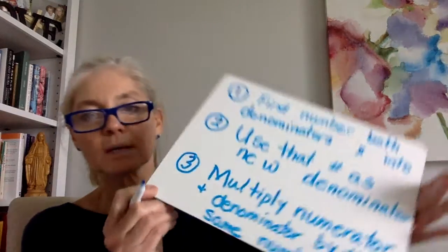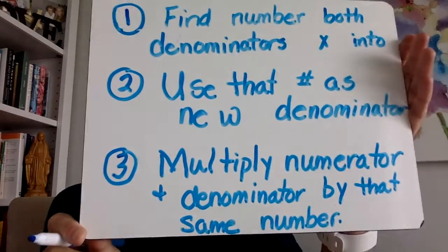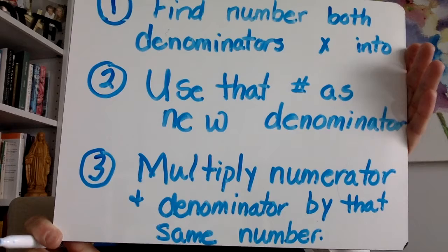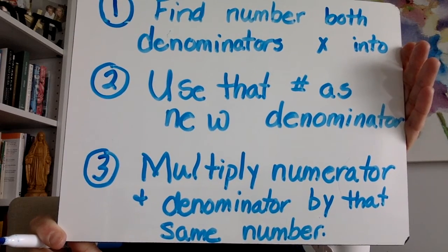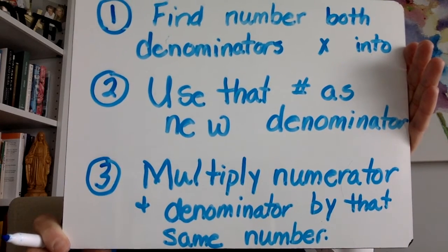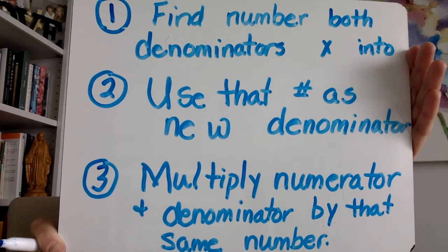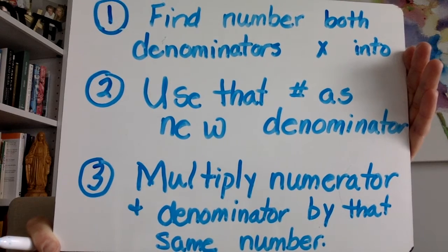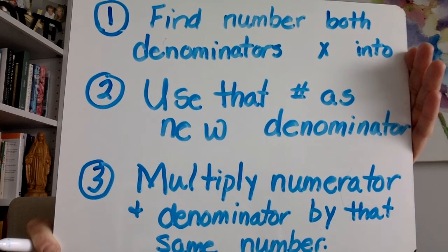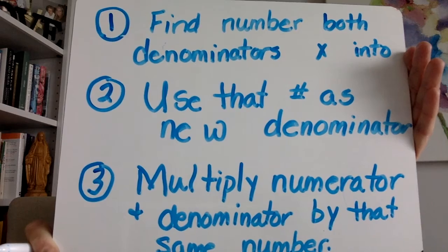Okay, so step 3, multiply the numerator and the denominator by the same number. Those are the directions. Okay, I'm going to say each of those steps as we do one more. 3/8 and 2/6.